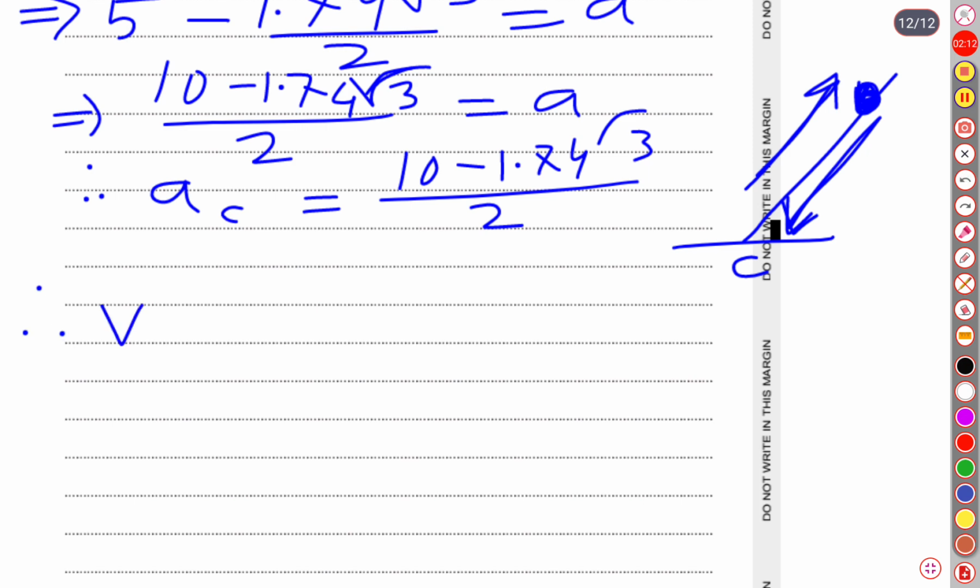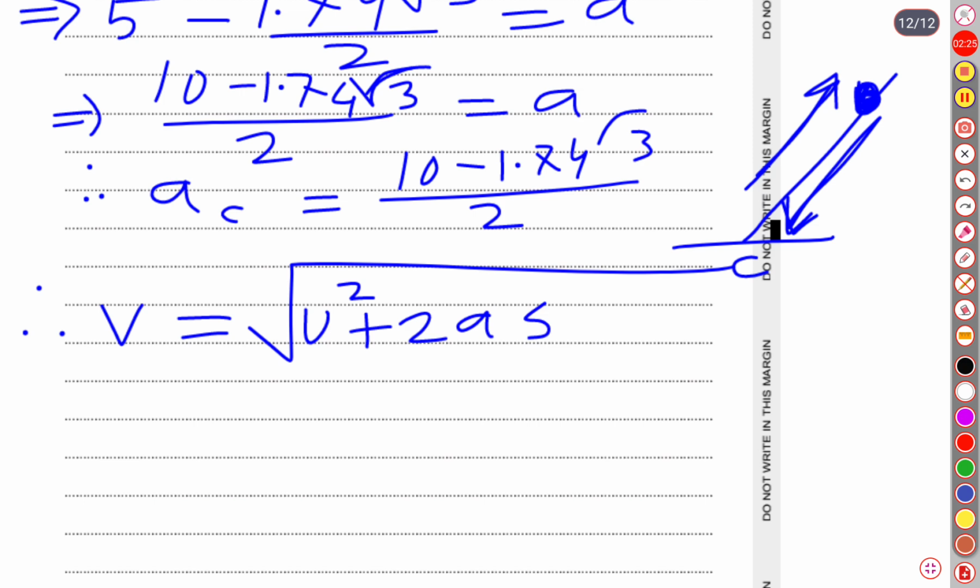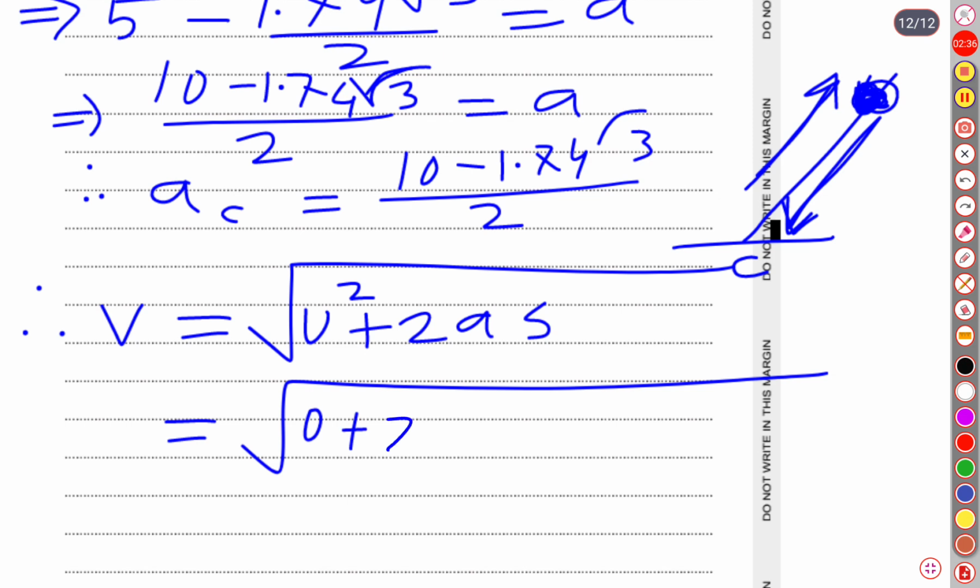They have told us to find the velocity while it is coming down, passing through C the second time, which is equal to square root of u square plus 2as. And u is 0. We have already decided that the particle is coming down from instantaneous rest. So 0 plus 2, our acceleration is (10 minus 1.74 square root of 3).